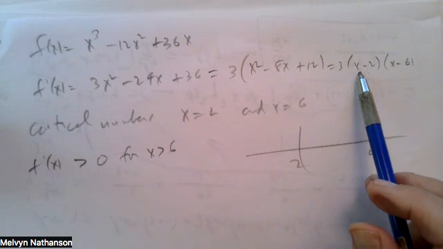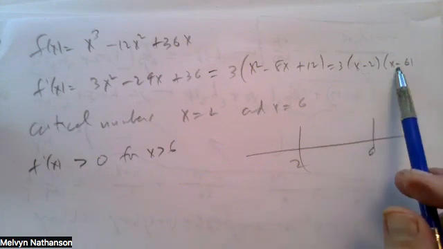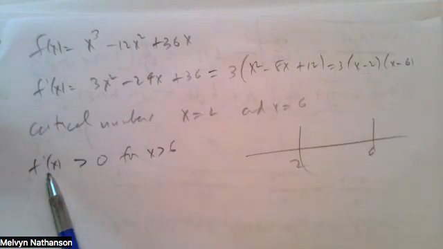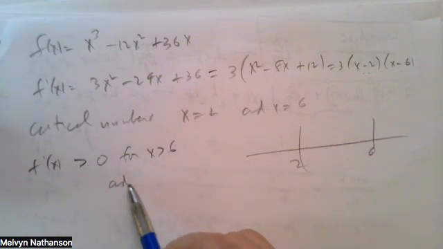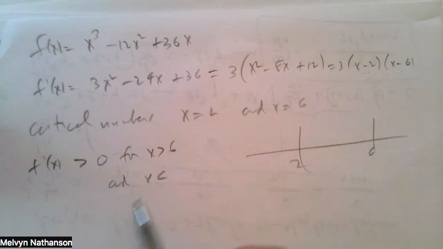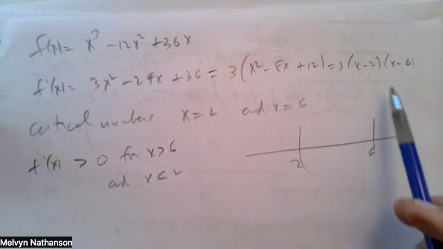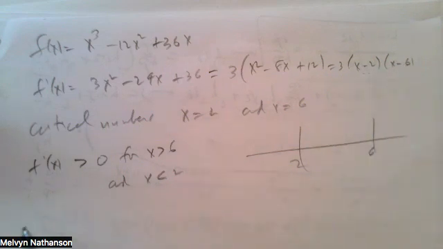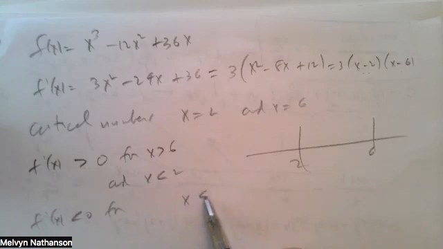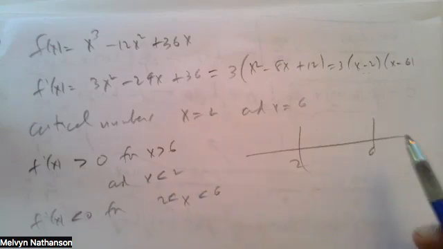Or if x is less than 2, these are both negative, so the product is positive. So f prime of x is positive for x greater than 6 and for x less than 2. And if x is between 2 and 6, this is positive and this is negative. So f prime of x is negative for x less than 6 and greater than 2.